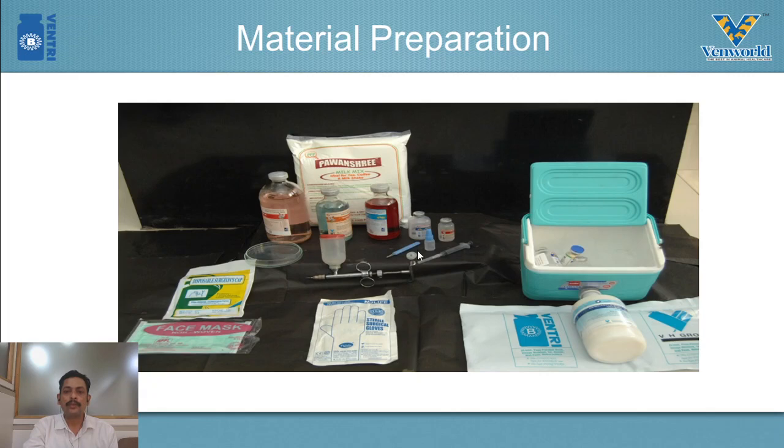Then we have to use these different diluent bottles. Then we have to check whether chilled boxes are there or not. We have to check the dish for the beak dip method, lancet, injections, droppers. So everything we should keep ready before the vaccination.